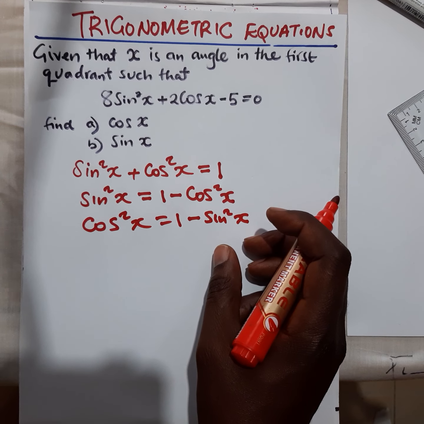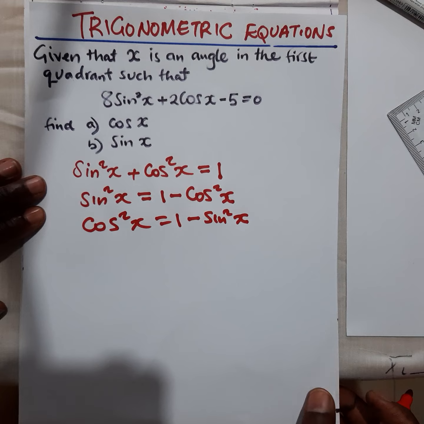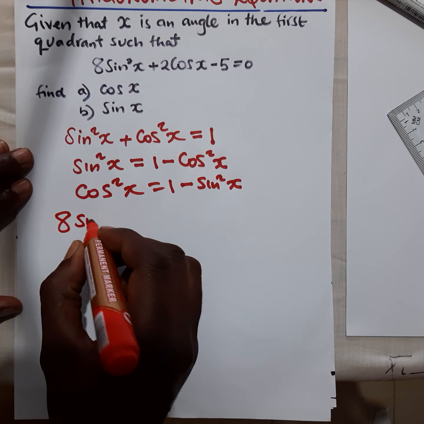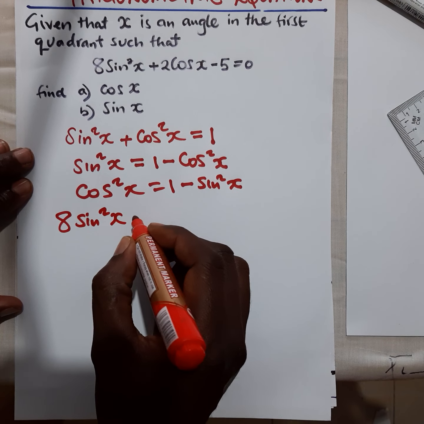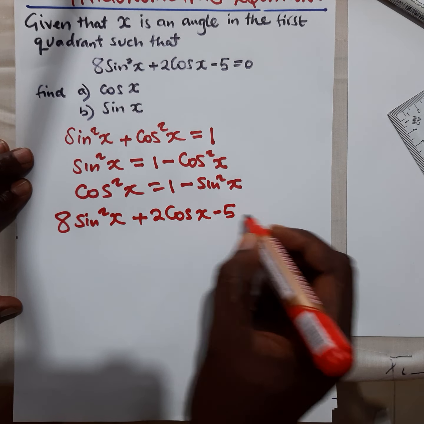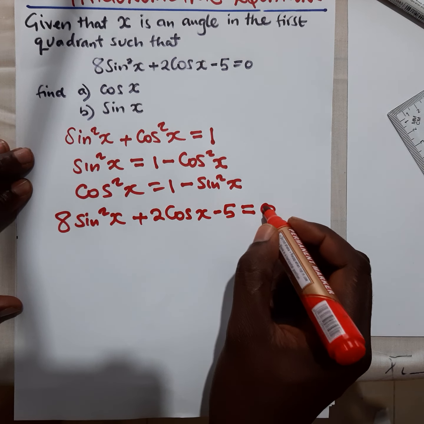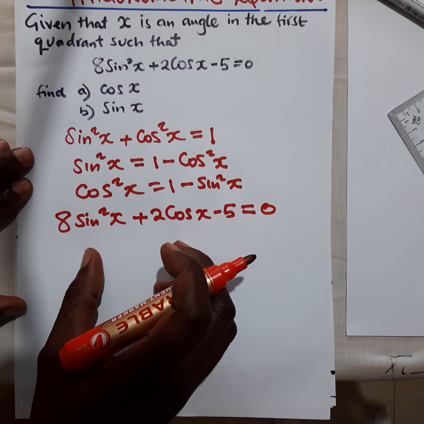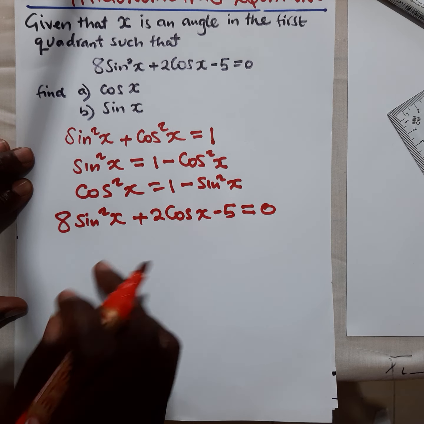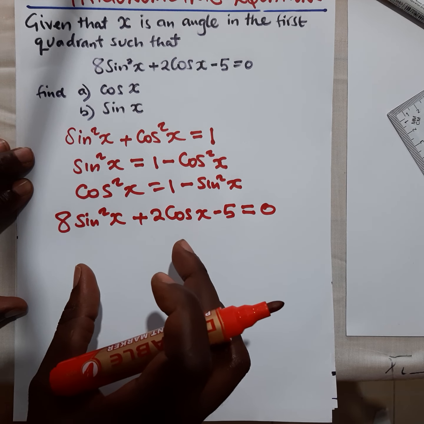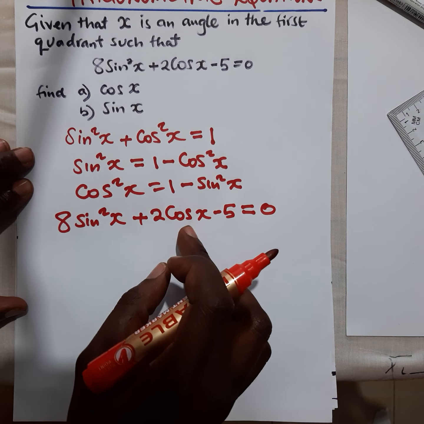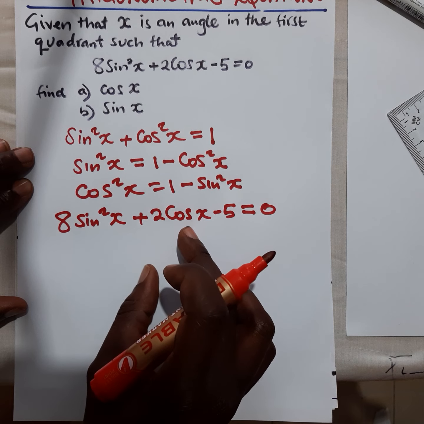Now to solve this equation, we have 8 sine squared x plus 2 cos x minus 5 equals 0. We can't solve this if we have both sine and cos, and that is the reason we need to use the identities.